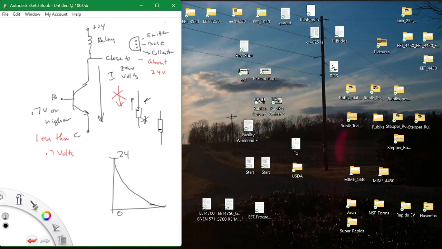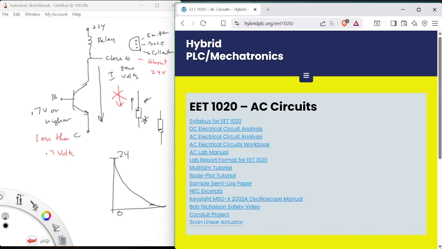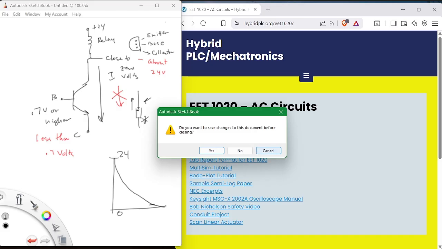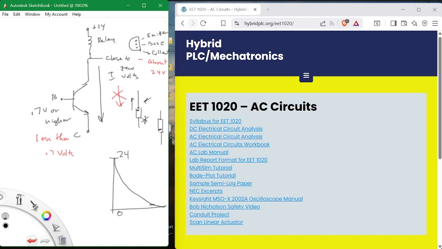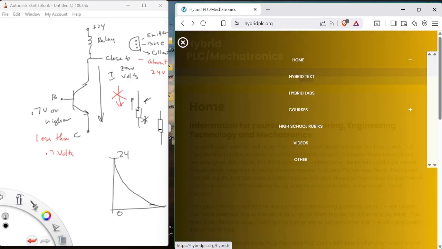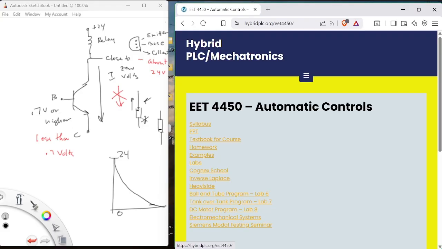I'm going to show you where it's at. Hang on. So you go over to the EET course, under courses EET 4450, and that's where you find this again.